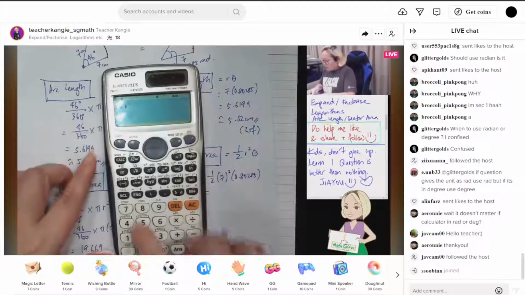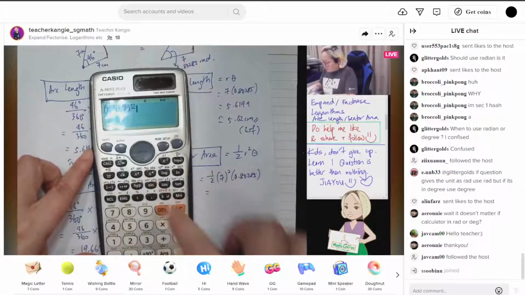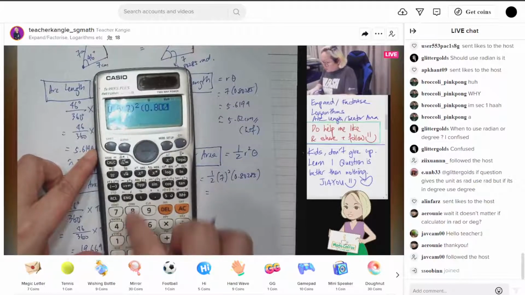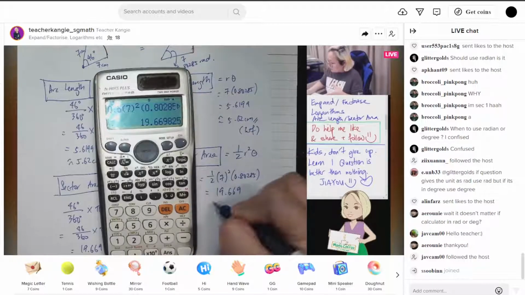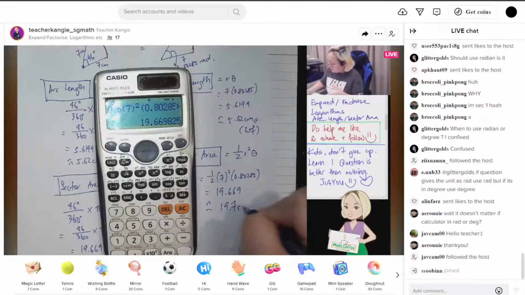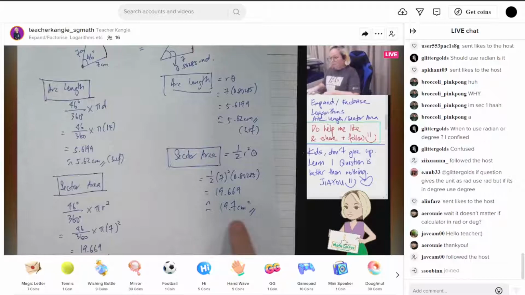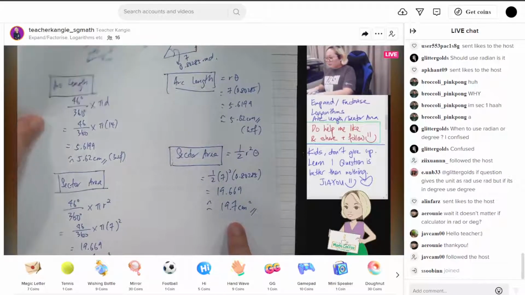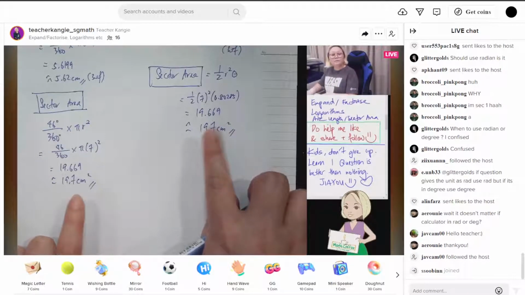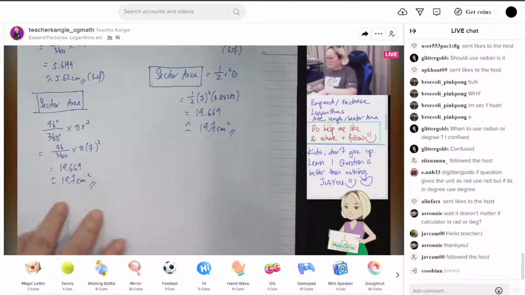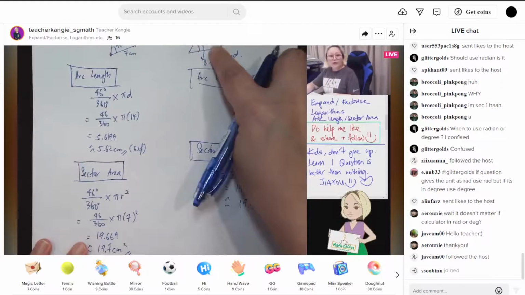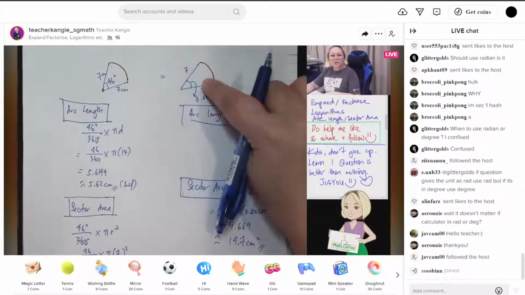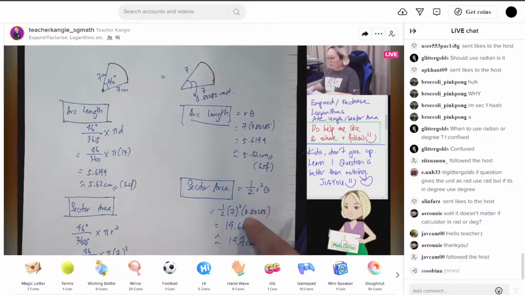So you see, 0.5, 7 squared, 0.80285, and I get 19.669. Round off, 19.7 cm squared. You see? Do you see that? So when you are given radian for the angle, no need to panic, just apply. Whoa, so easy. Okay?